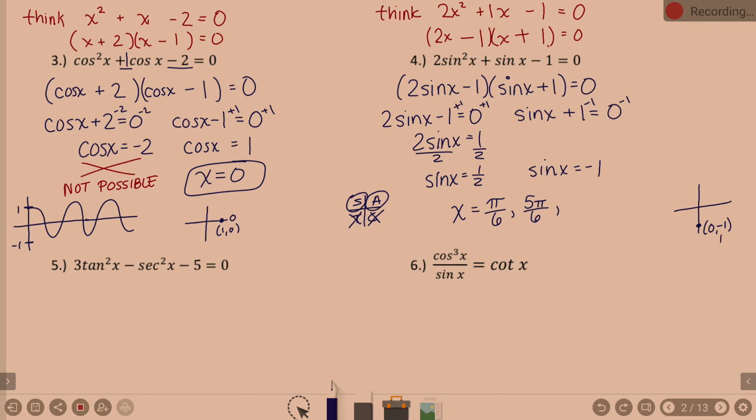And that is happening at 270 or 3 pi over 2. Is there any place else my y value is -1? No. So, how many answers did I end up with? 3. We're growing. I'm trying to show you all the different answers you could have.